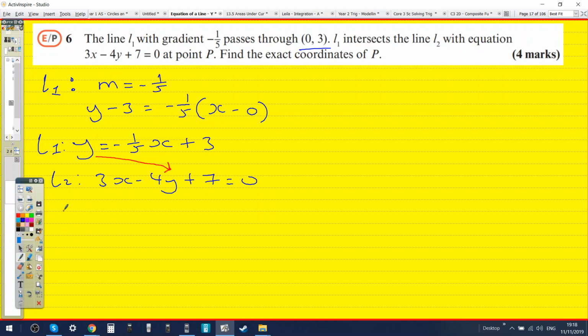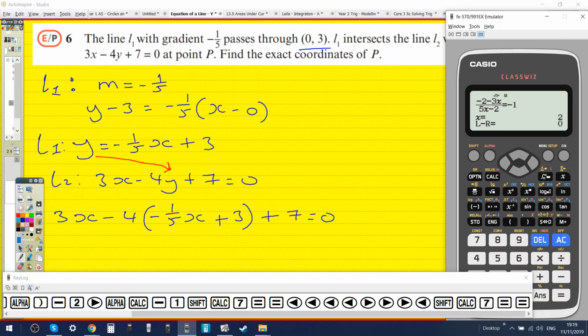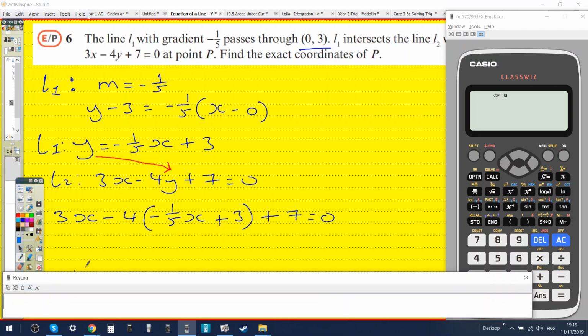Okay, yeah. So will it then become 3x minus 4 brackets minus a fifth x plus 3, plus 7 equals 0? Yes. Now we're going to see the benefit. Try putting that into your calculator and solving that.